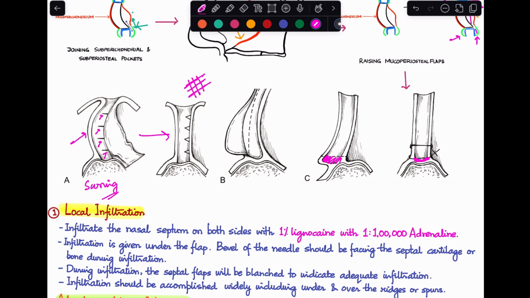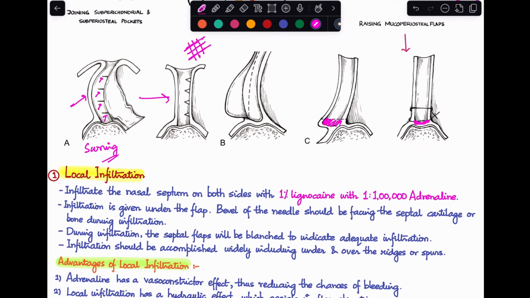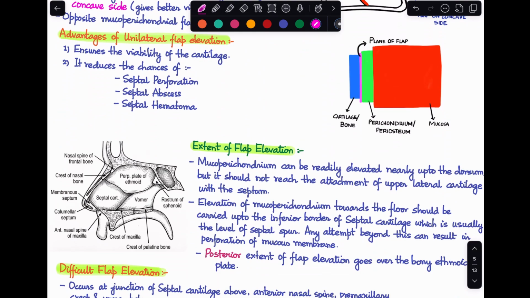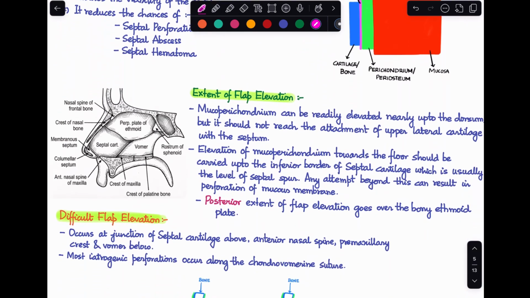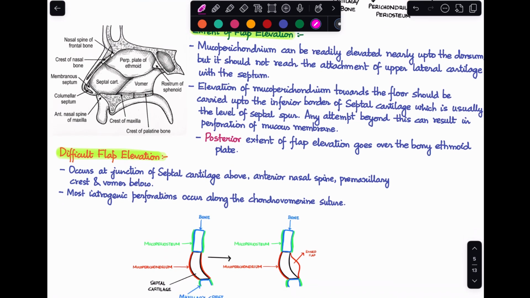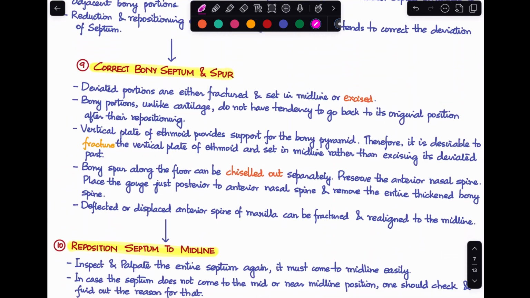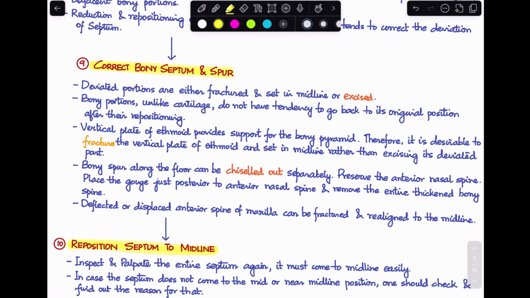Next, we'll look at the bony septum. Now, in the bony septum, sometimes the deviated part can be corrected by either fracturing it and setting it in the midline, or you may even need to perform some kind of excision. So depending on what is required, we'll do either one of the two. Now, bony portions, unlike the cartilage, do not have a tendency to go back to their original position after they have been repositioned.